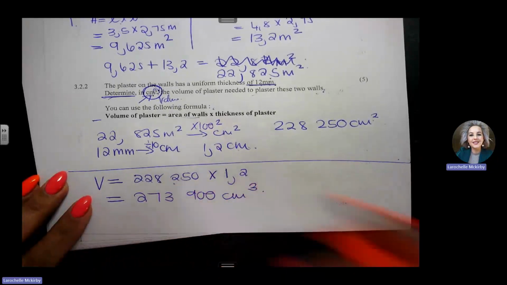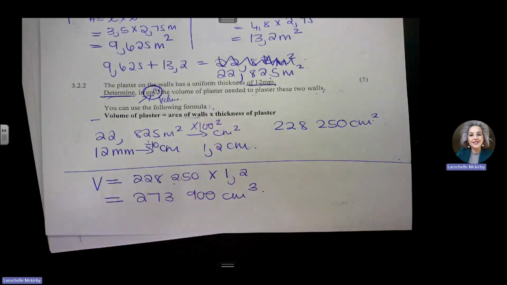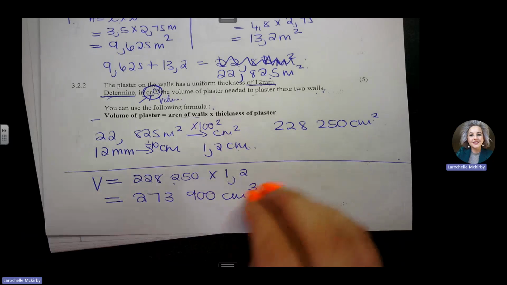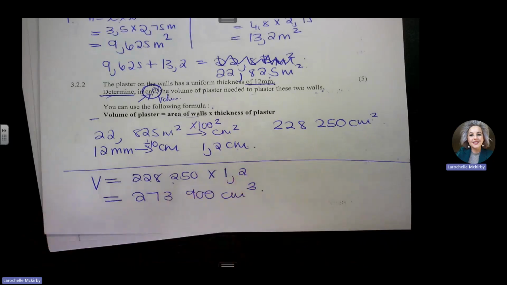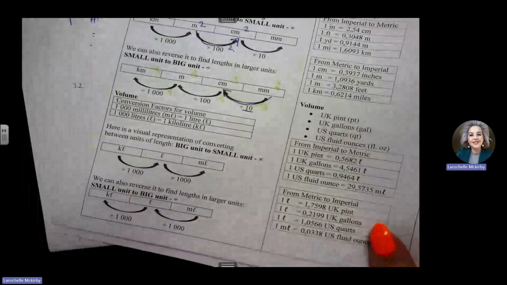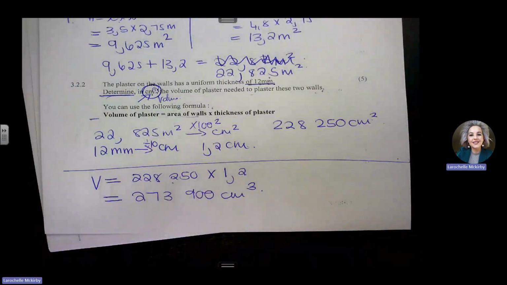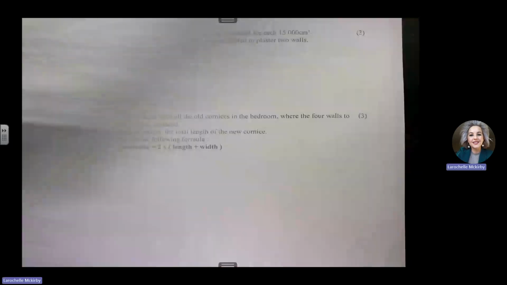Everything is in centimeters. It is volume, so it is cubed centimeters. Right. If you know your units, and if you are familiar with this, the sum will be smooth sailing for you. Okay, right. Let's see what the sum holds.